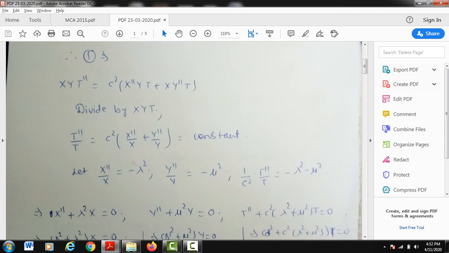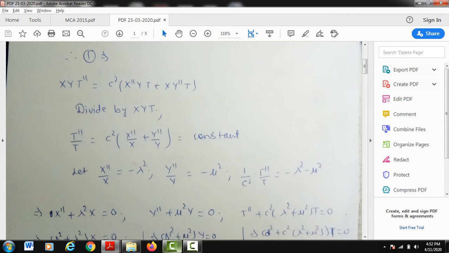So let us suppose that X''/X = −λ², Y''/Y = −μ², and (1/c²) T''/T = −λ² − μ². Now students, why have I taken the value as minus lambda square and minus mu square?